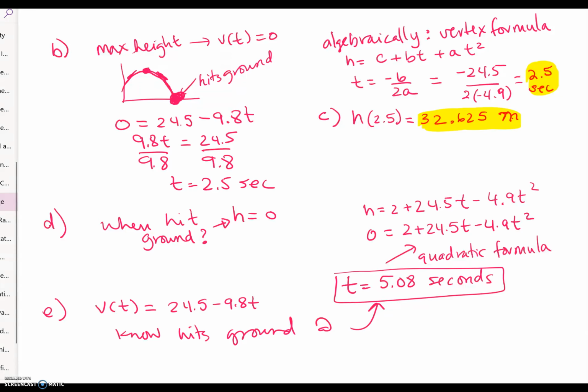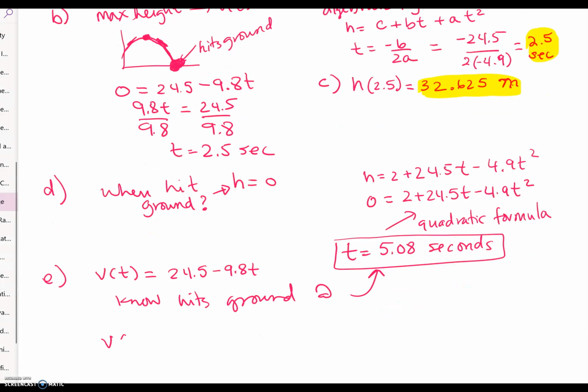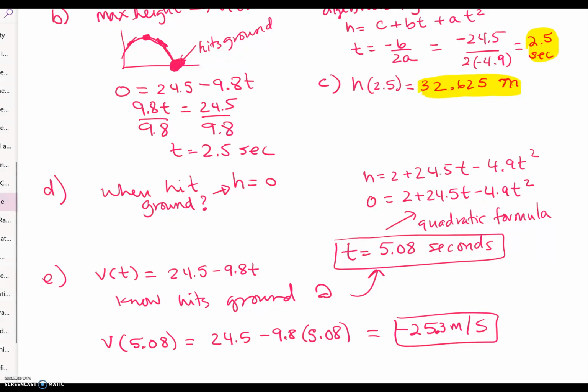So if we want to know the velocity at that time, all we have to do is plug in 5.08, and we should be able to get the velocity. It looks like we're going to get about negative 25.3 meters per second as the velocity it hits the ground with. And that makes sense because it's coming down and it's got a negative tangent slope when it hits the ground.